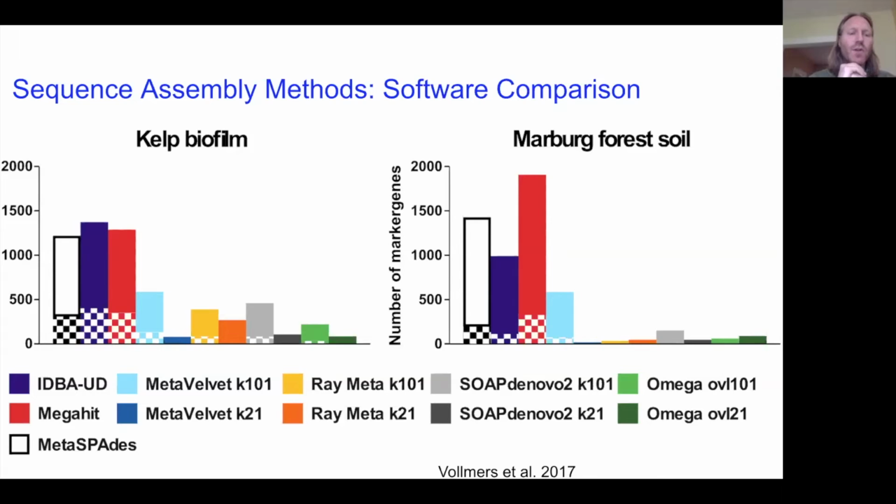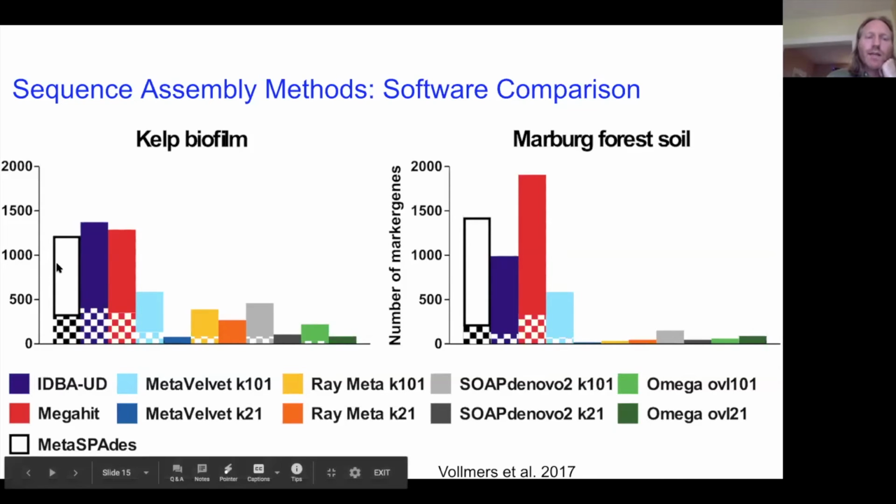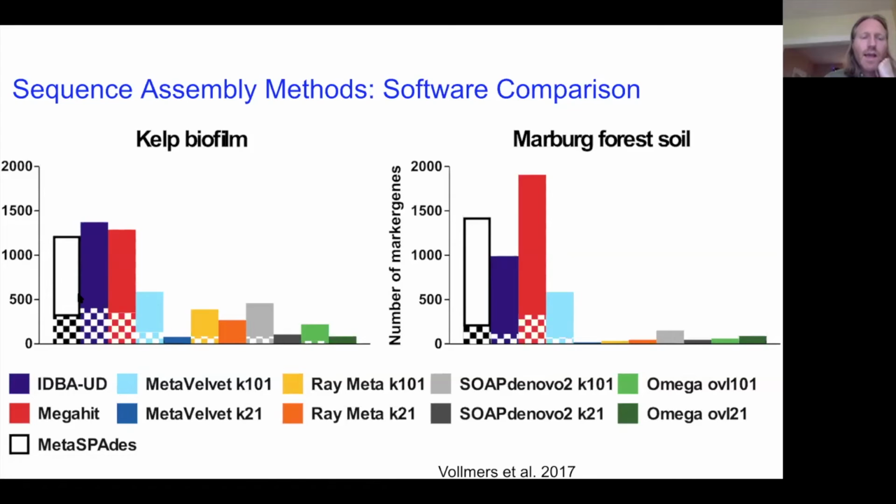And so you can see again that these 3 that tend to stick out are IDBA, MegaHit, and MetaSPAdes. So that's another confirmation for me that I don't need to really investigate these other ones because they also work in my samples. But again, your samples might be different and there may be reasons you might want to investigate these other packages.